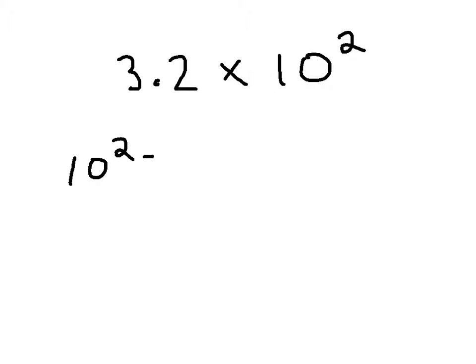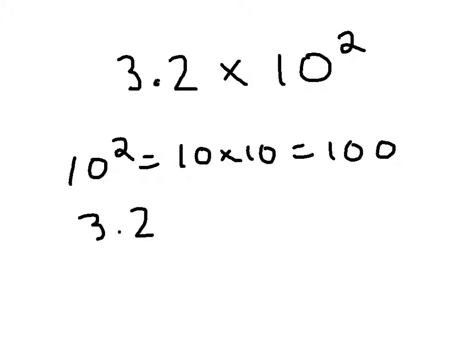Example, if we had 3 and 2/10 times 10 to the power of 2, well, 10 to the power of 2 is equal to 10 times 10, which is 100, and 3 and 2/10 times 100 is equal to 320.